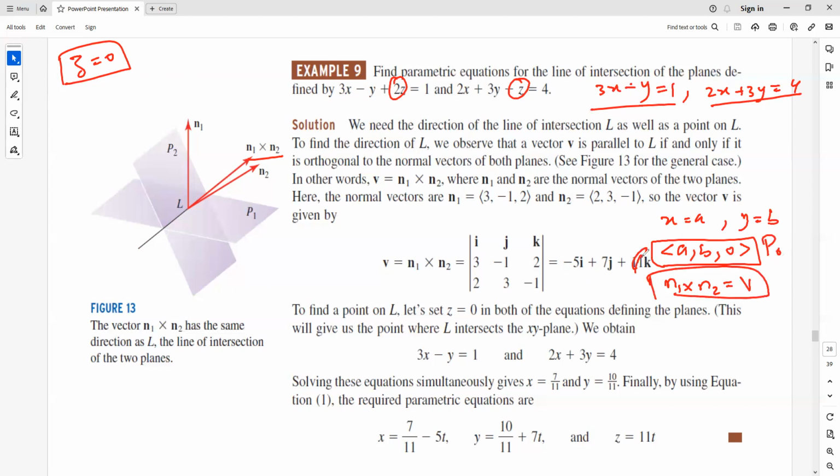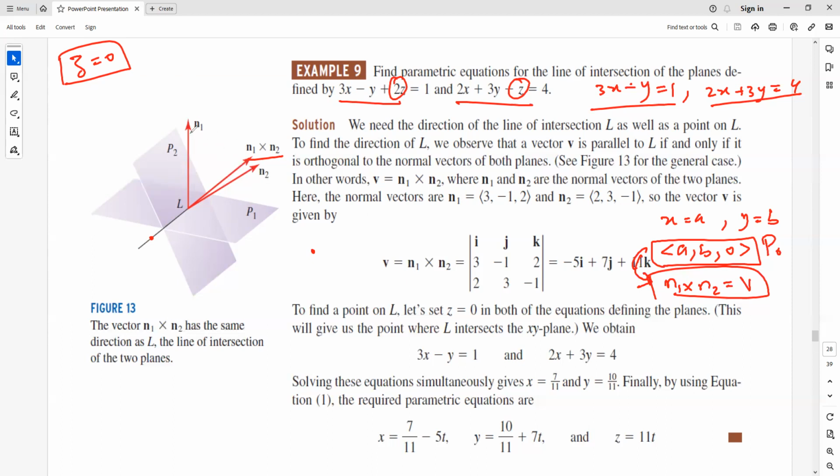So using the point and the parallel vector to the line, we can easily find the equation of the line. What we needed was a point on the line, which we got by setting z equals 0 in the equations of the planes.